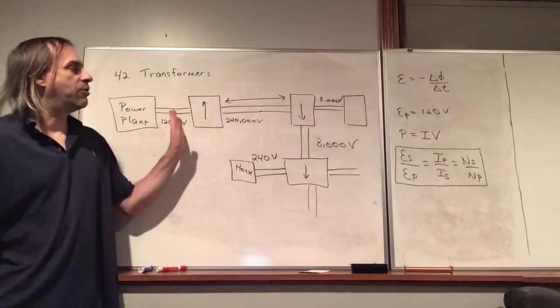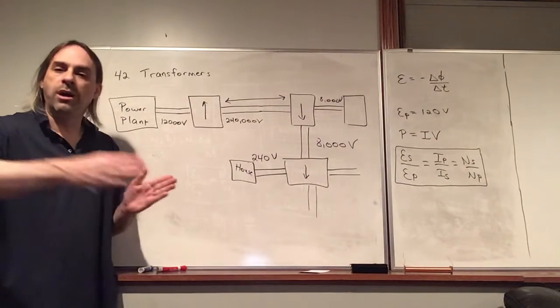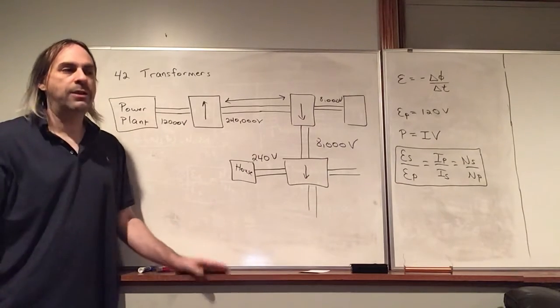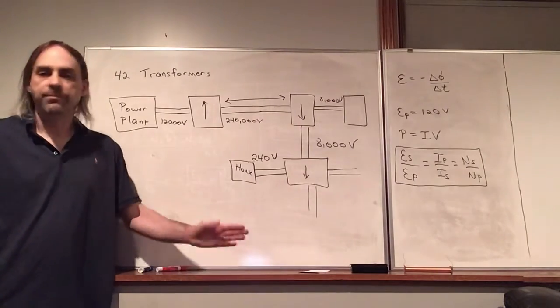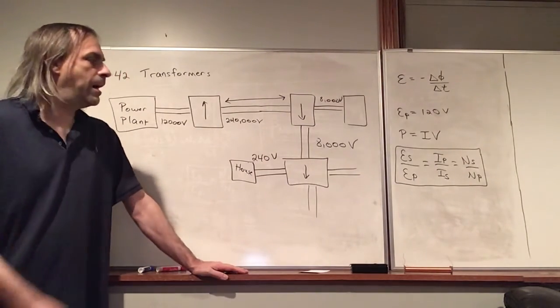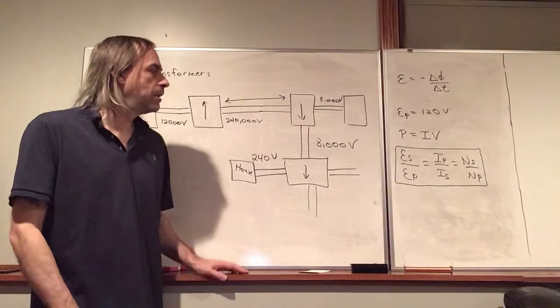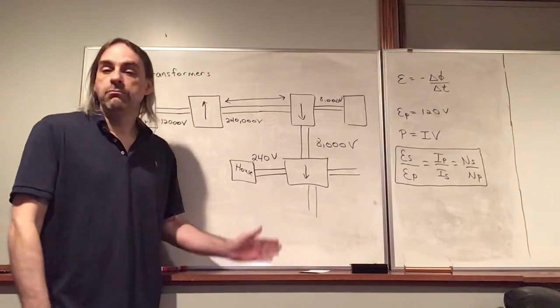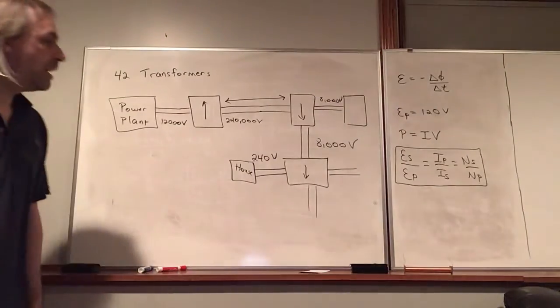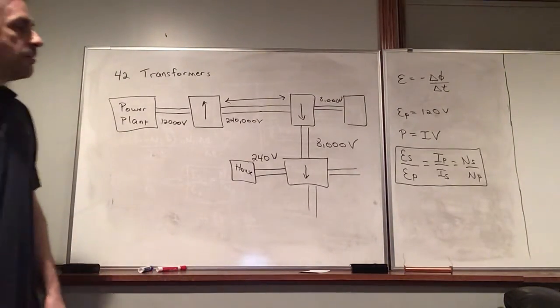So maybe they use direct current just for the long distance and then convert that to alternating current and use a transformer to lower the voltage. I'd have to look into that, but I recently learned that they use direct current in some cases to transmit power. But yeah, transformers, really, really important.